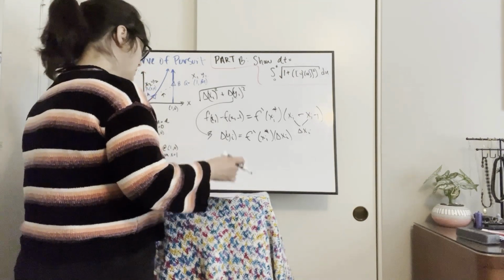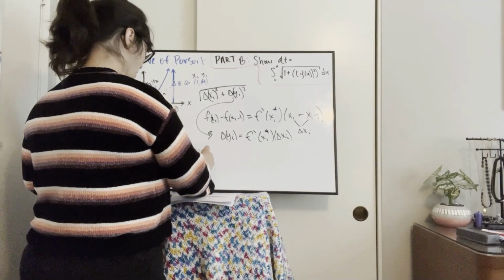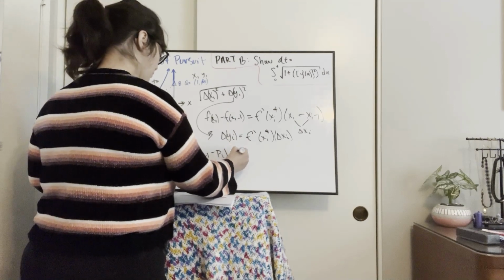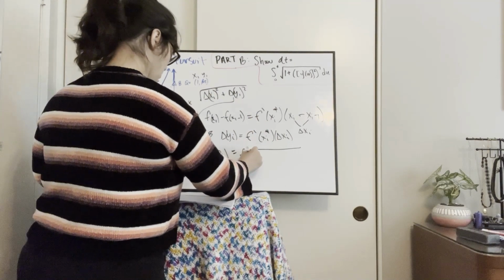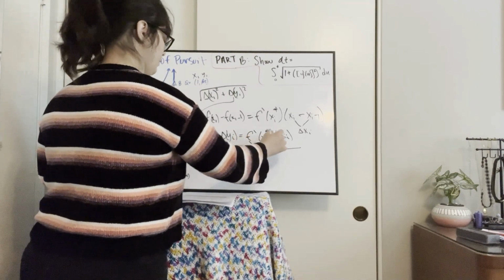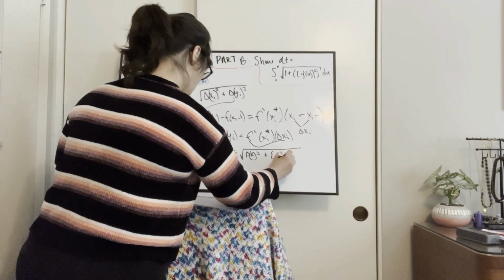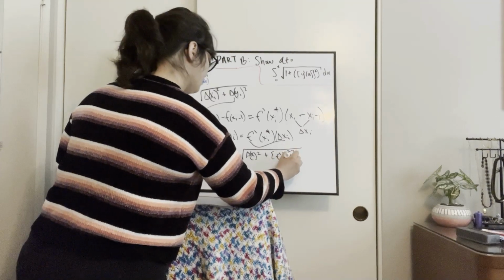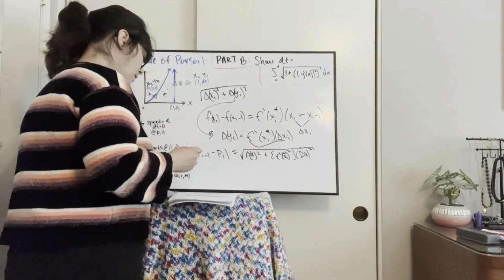And from this we can see that originally what we had written down, p sub i minus 1 minus p sub i, is going to equal the square root of delta x squared plus f prime of x sub i star squared times delta x squared. Okay, perfect. And now we can substitute in.